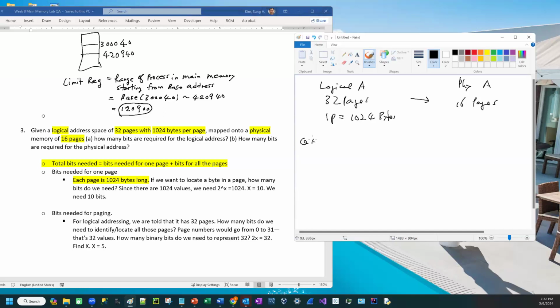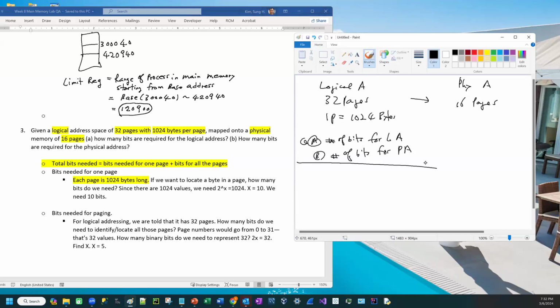And question B is: how many bits are required for the physical address? It's pretty much the same thing, the number of bits for the physical address.